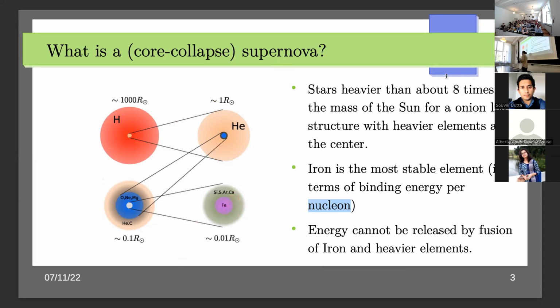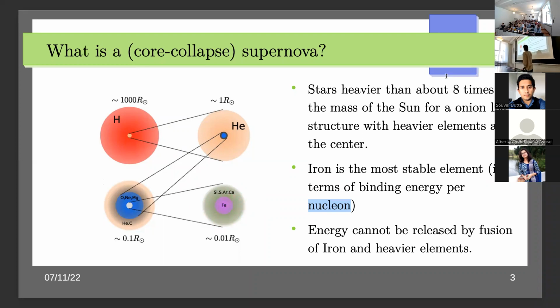The core is made up of iron, and iron is the most stable element in the periodic table. That means the binding energy per nucleon is more than any other element. So after the iron core is formed, we cannot release energy by nuclear fusion.